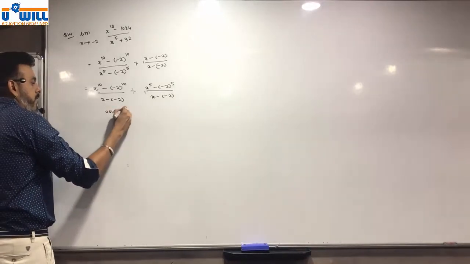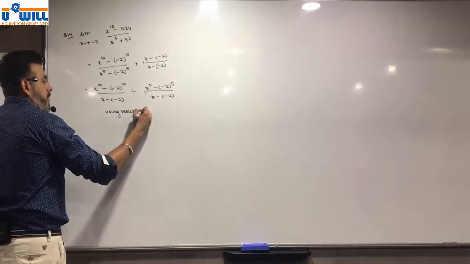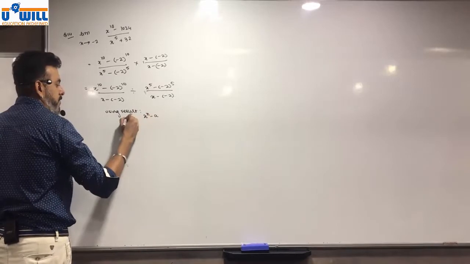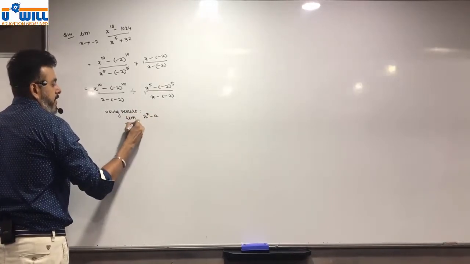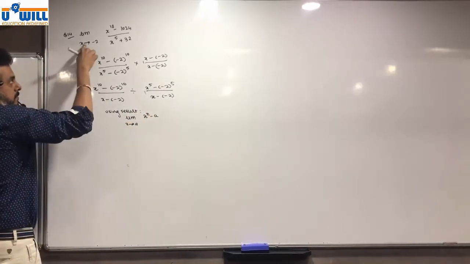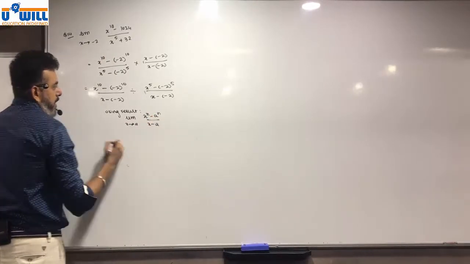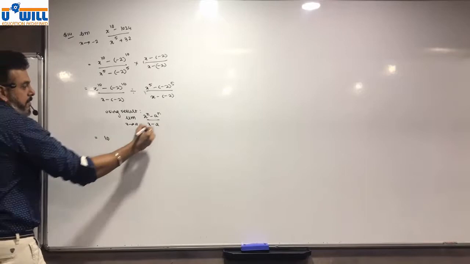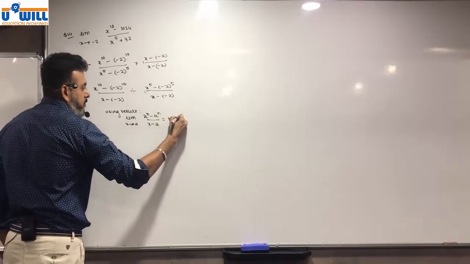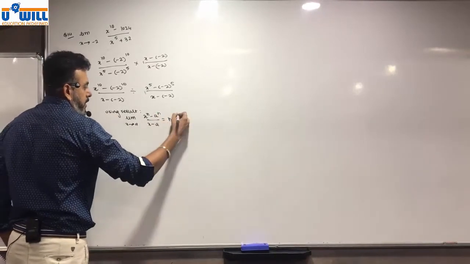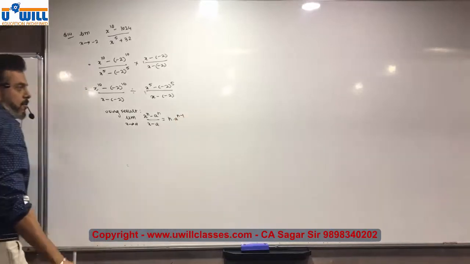Using the result, limit x tends to a, x raised to n minus a raised to n upon x minus a is equal to n into a raised to n minus 1.